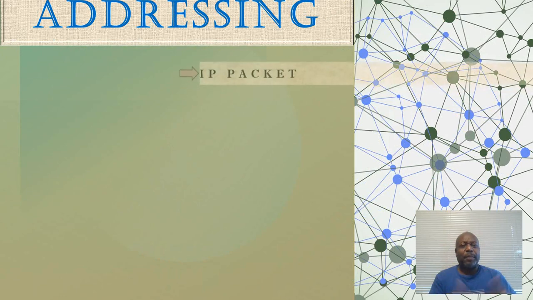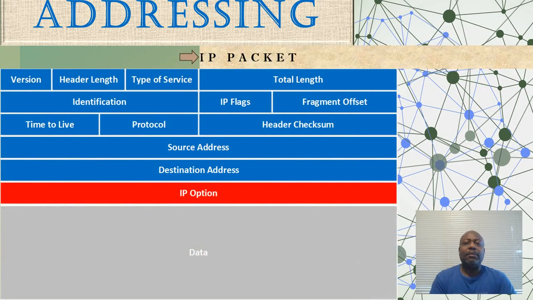Now let us spend a little bit of time on this screen so that we can see why we need an IP address. The same way we use the MAC addresses on the Ethernet frame, we're going to use IP addresses in the IP packet.